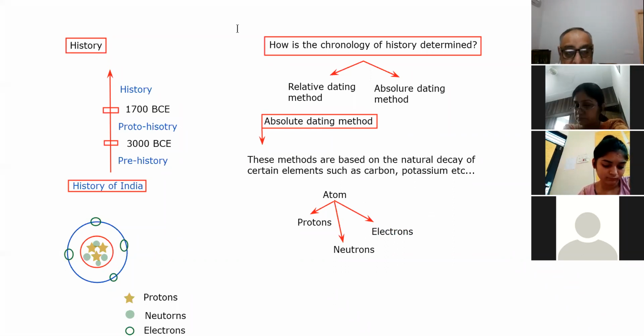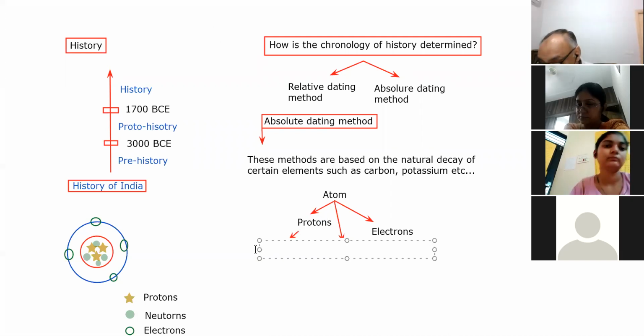As far as protons are concerned, beta, protons are positively charged.